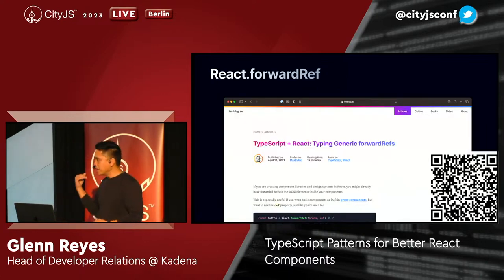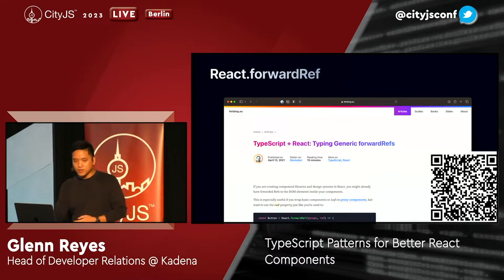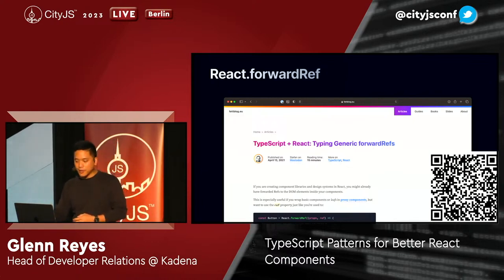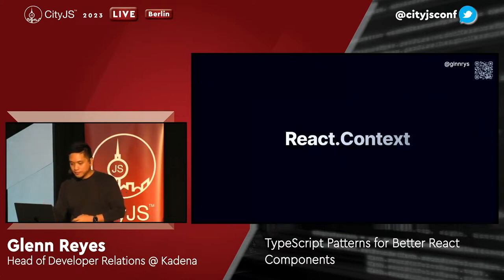I think this article is brilliant because it explains everything that I explained to you about forwardRef in detail, so definitely check that out. I also have a QR code in the final slide.